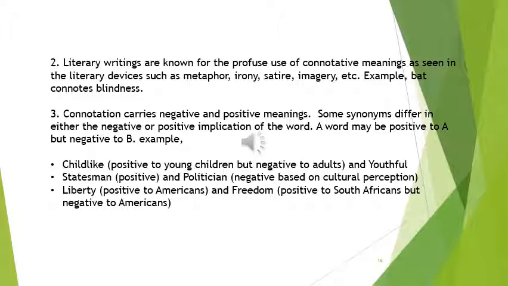Also, when we look at the example like employ, it has positive connotation, and it also has a negative connotation, that is exploit. Employ and exploit are similar in meaning, while employ has positive connotation, exploit has negative connotation.